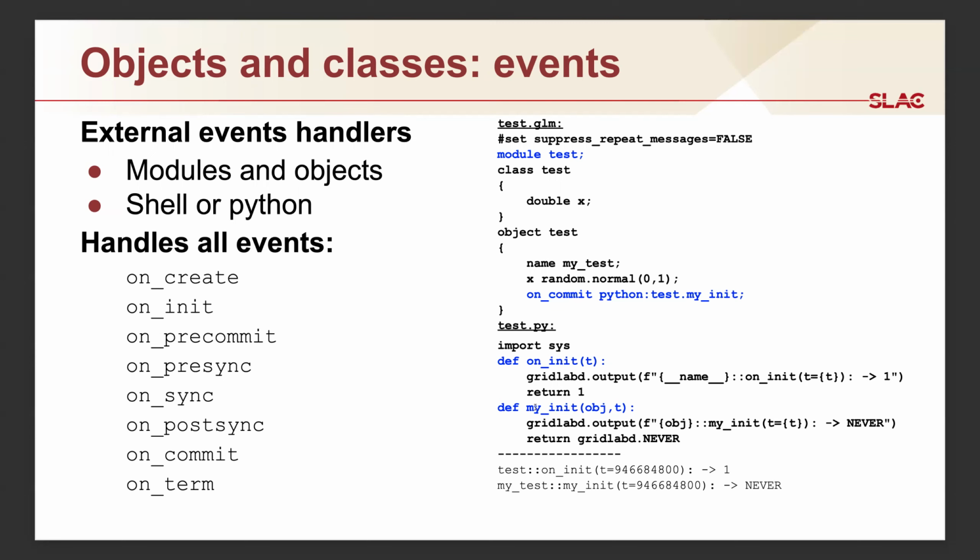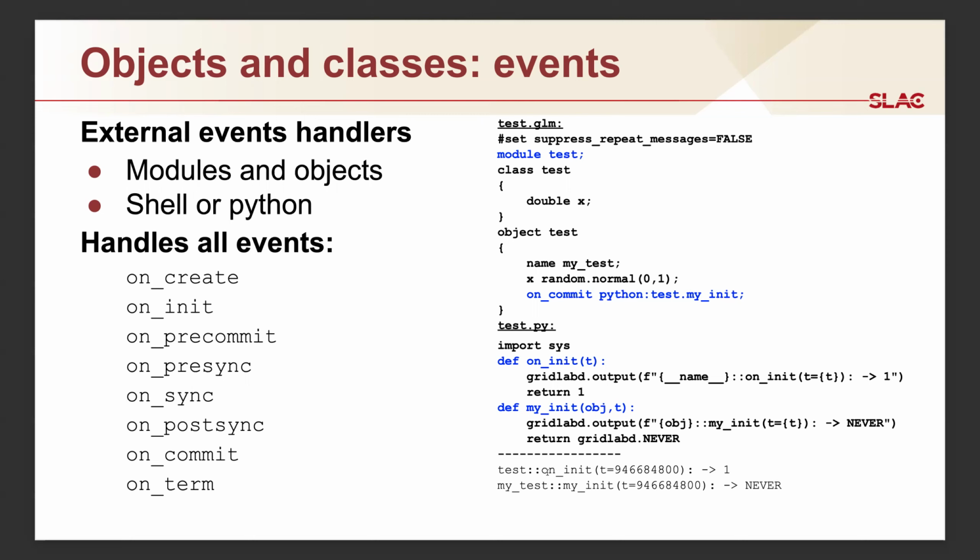It doesn't matter. But you can see that in the Python file itself, I have two event handlers. One called onInit. That event handler is called when the module is loaded. So when the module is loaded and we initialize Gridlab-D, it will call this init handler. This function, myInit, is called whenever a commit event occurs in the object itself.